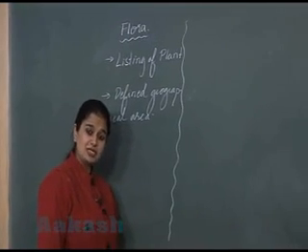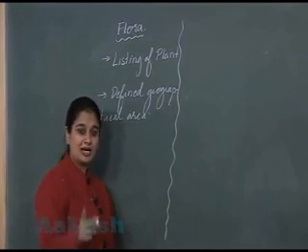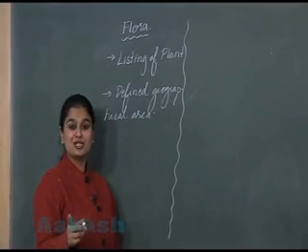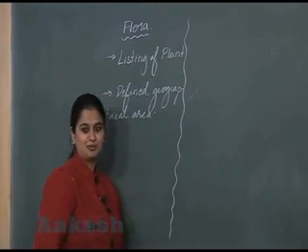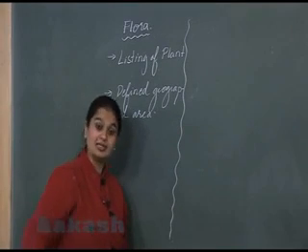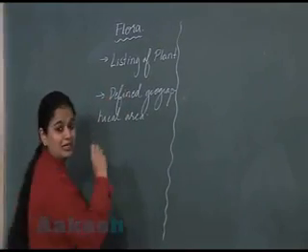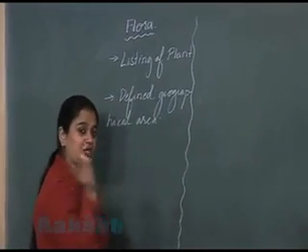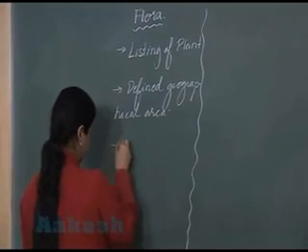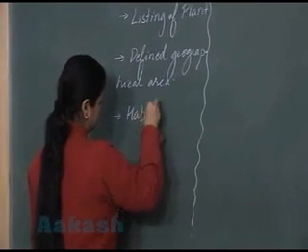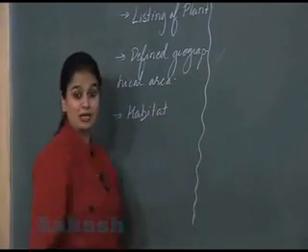It will give listing of plants, but along with that it will also give the information about habitat of the plant. Habitat, that is the environment where the plant is surviving.